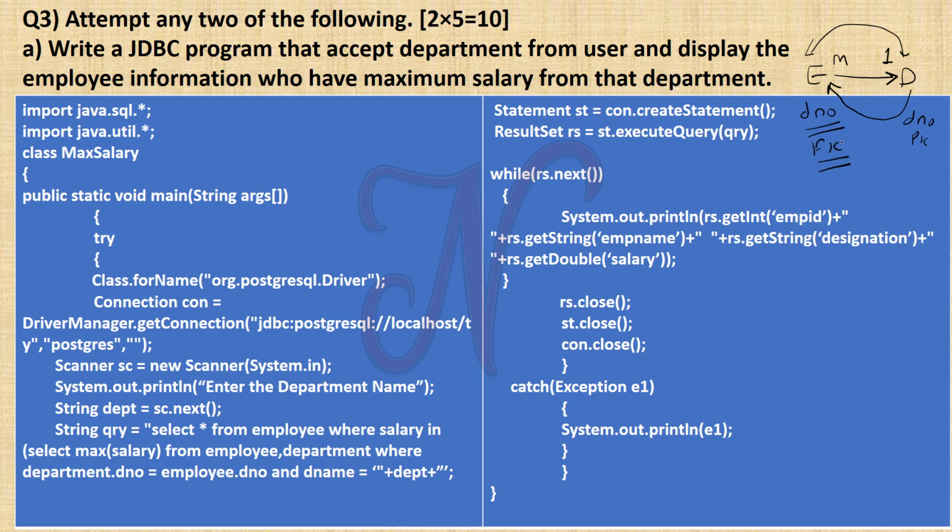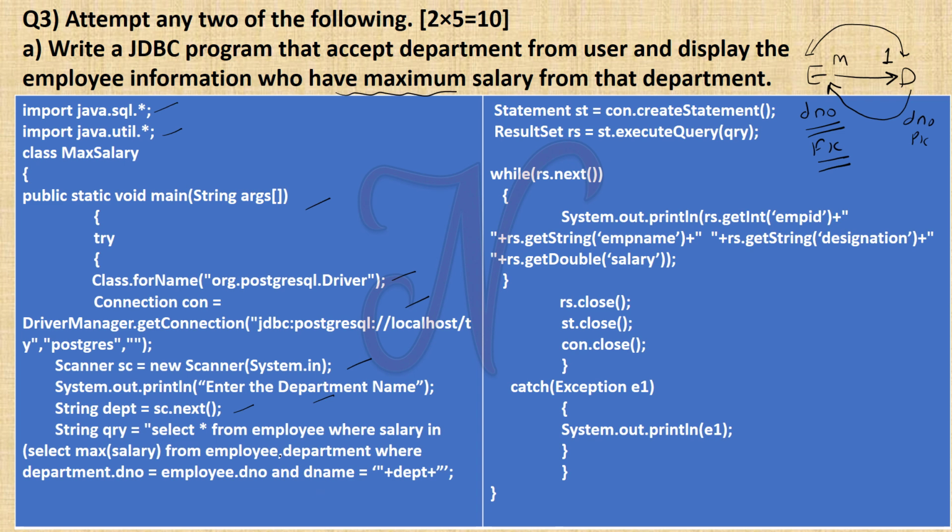Okay, so if you assume some columns like employee ID, employee name, designation, salary, then see here, print the details of the employee who has the maximum salary. So see here, we import some packages. This is your main method: loading the driver, connection, this is your scanner. Then see here, enter the department name from the keyboard, then this is your query.